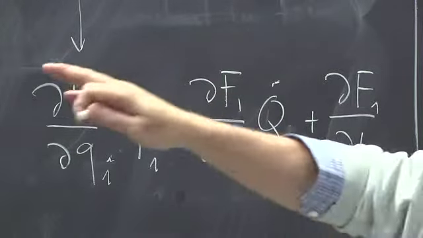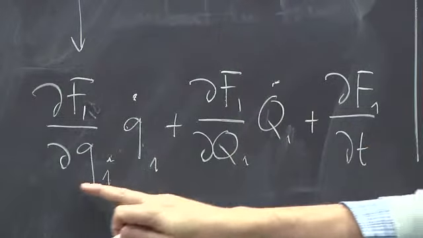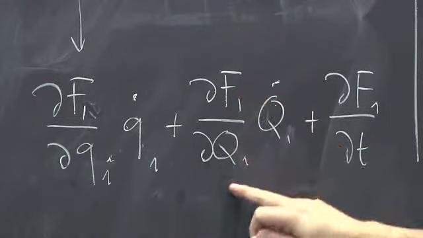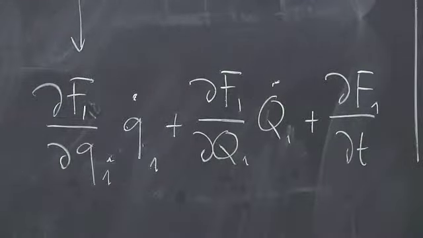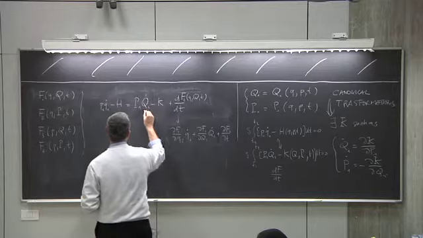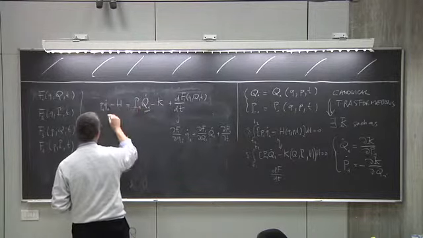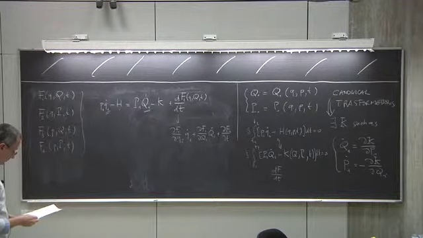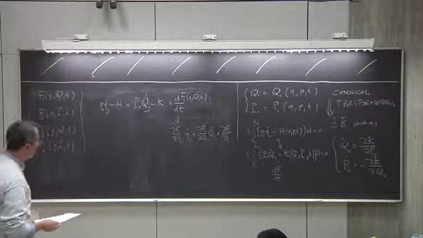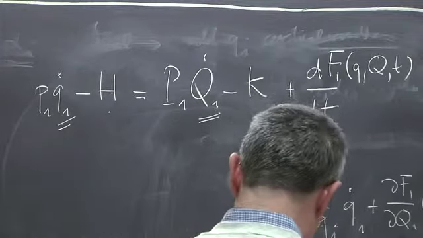Now I can look and try to see what equations this F1 must satisfy in order for this to be true. You see immediately, this is h, this is k. Here you have q dot and big Q dot, and here you have little q dot. So these coefficients must match.